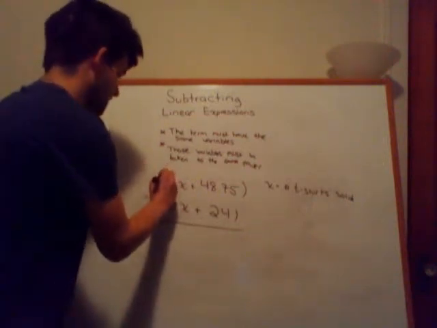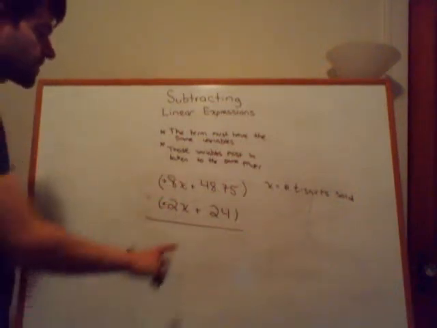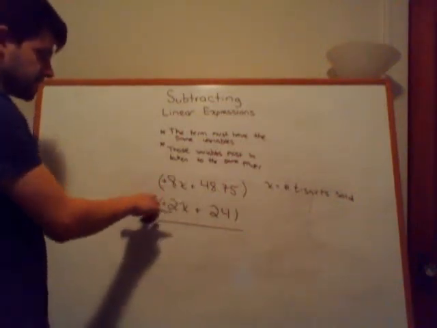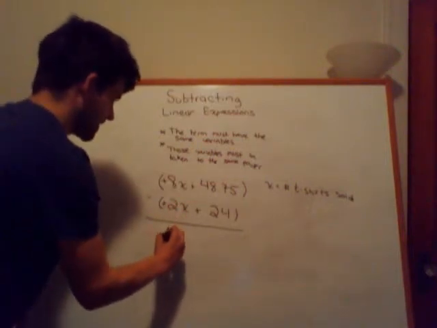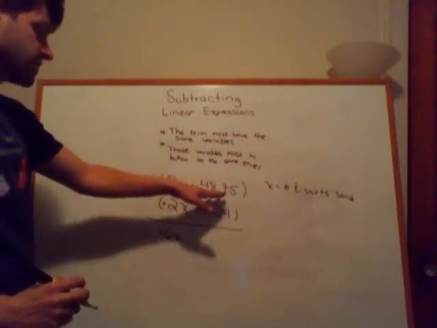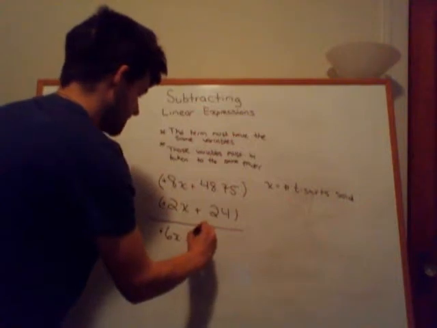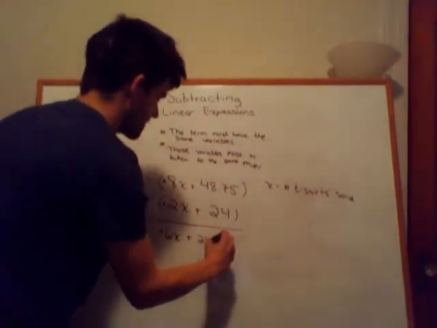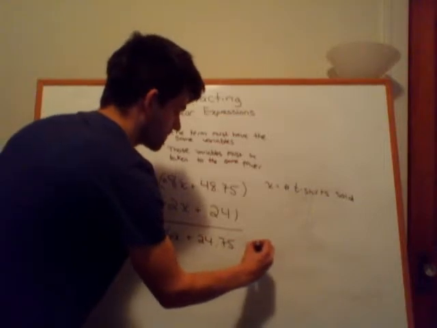Now, what I can do here is, remember, go ahead and put your plus signs indicating these values are positive. I have a positive 8x minus a positive 2x. That's going to give me a positive 6x. And then 48.75 minus a positive 24 is a positive 24.75. And this is equal to the profit.